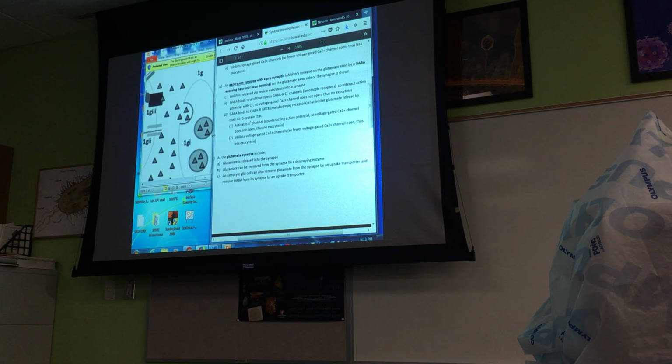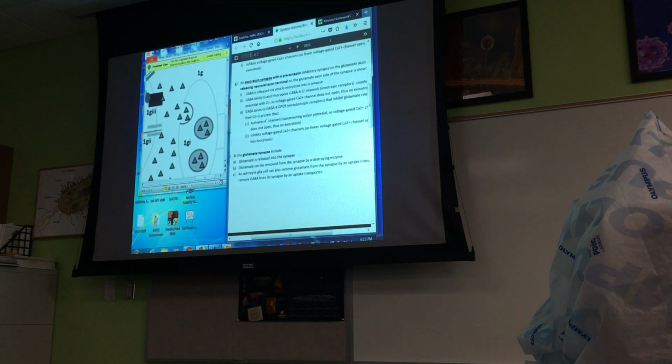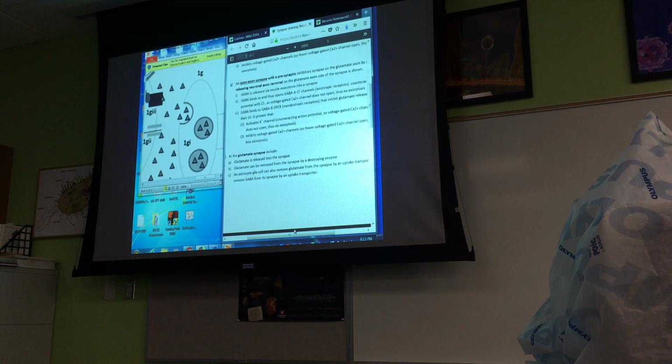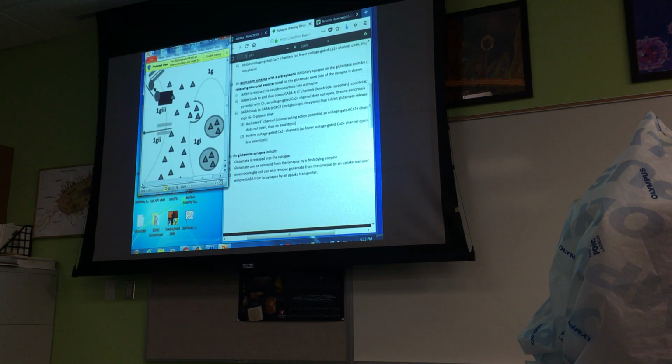the axon-axon inhibition of GABA onto the glutamate synapse, or the glutamate-releasing axon. So vesicles of GABA are released into the synapse.